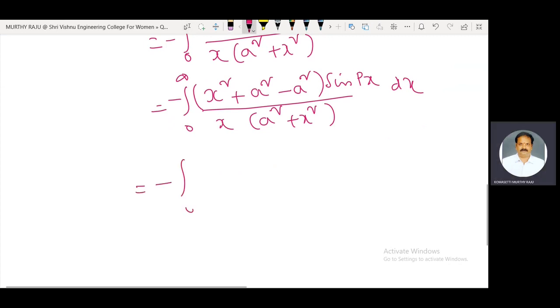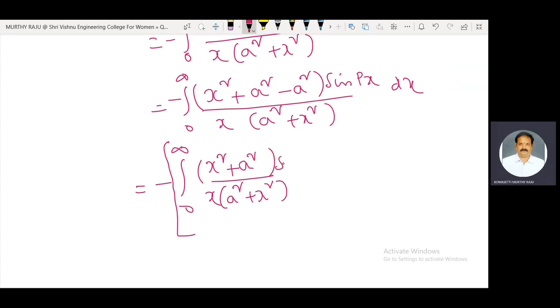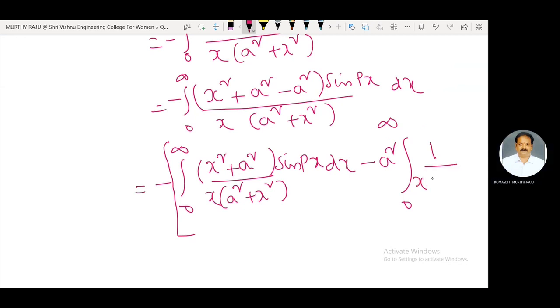That is equal to minus integral 0 to infinity x square plus a square by x into a square plus x square into sin px dx, here minus a square integral 0 to infinity 1 by x into a square plus x square sin px.